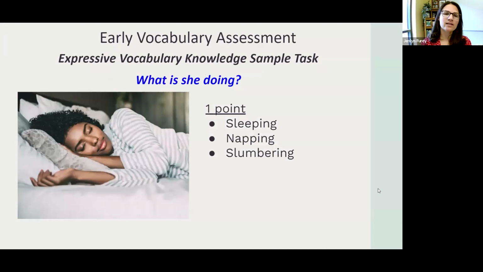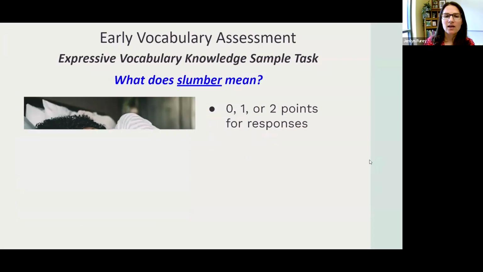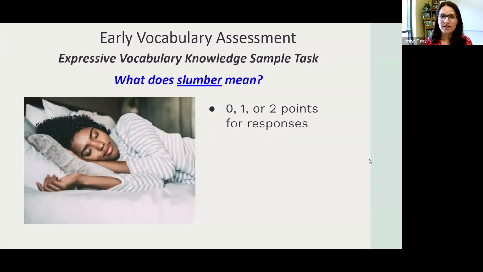And another broad way to measure vocabulary knowledge is to look at expressive knowledge. So a test that's looking at expressive knowledge would ask something like, show a picture and ask, what is she doing? And they can get a point for saying a series of different responses that would be considered correct. Or another version of this would be a definition expressive task.